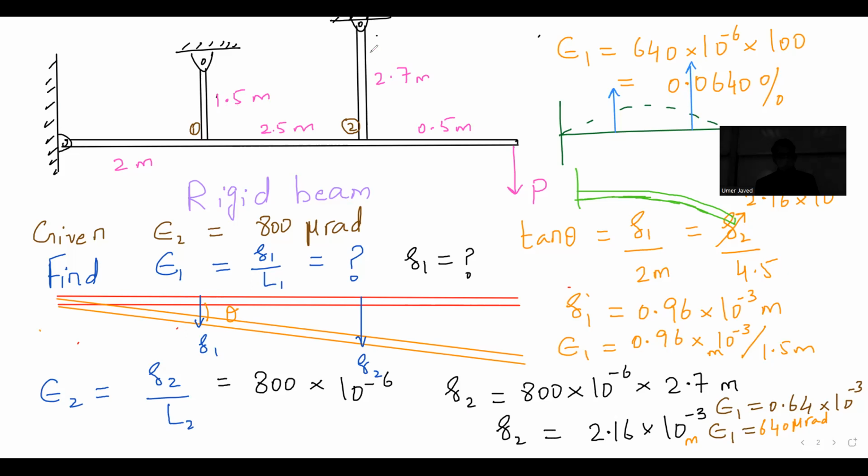Then I have the change in length of the second rod, that is delta 2, divided by the original length of the second rod, that is 2.7. So the formula of strain has in the denominator the original length. So I have to divide the change in length with the original length of the same rod. No, I will use the word beam for this one. For me, this one is a rod, and both the rods are holding this beam. Okay, thank you.